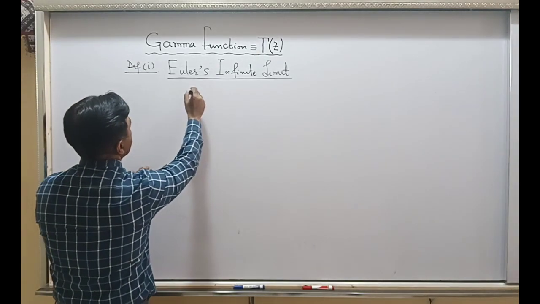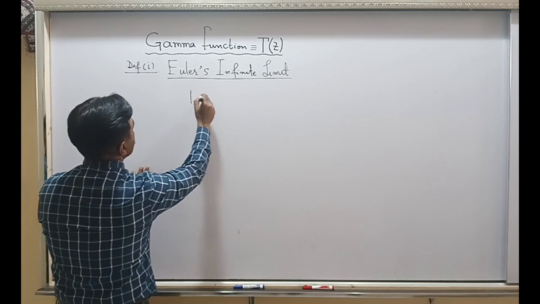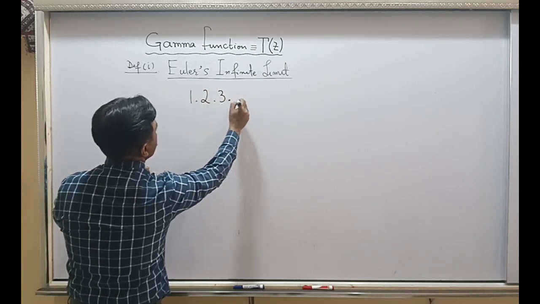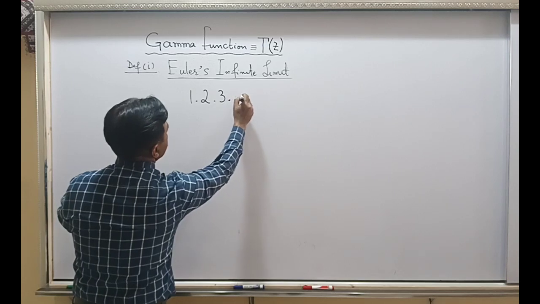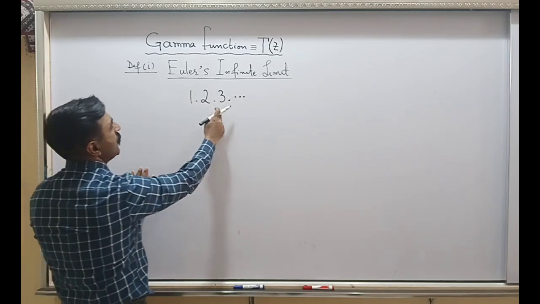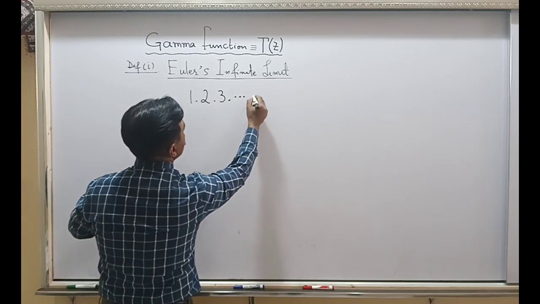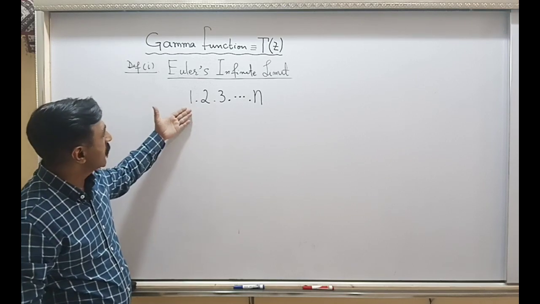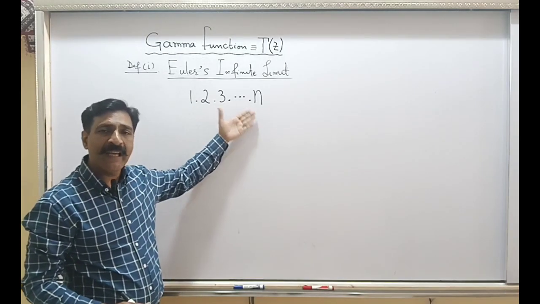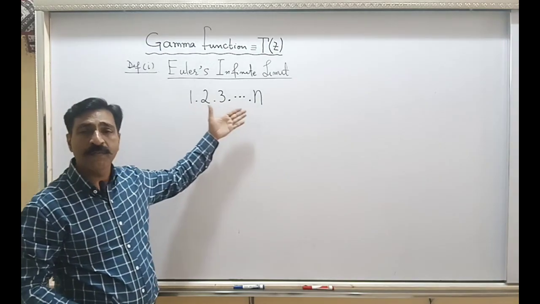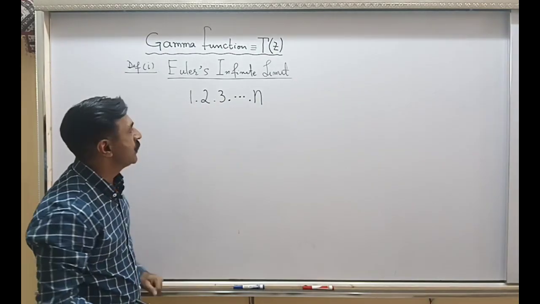Look, what is this? 1 multiplied by 2 multiplied by 3 multiplied by dot dot dot. Dot dot means so on. So it's a product of 1, 2, 3 and so on up to n. So what is this? This is the product of first n positive integers.